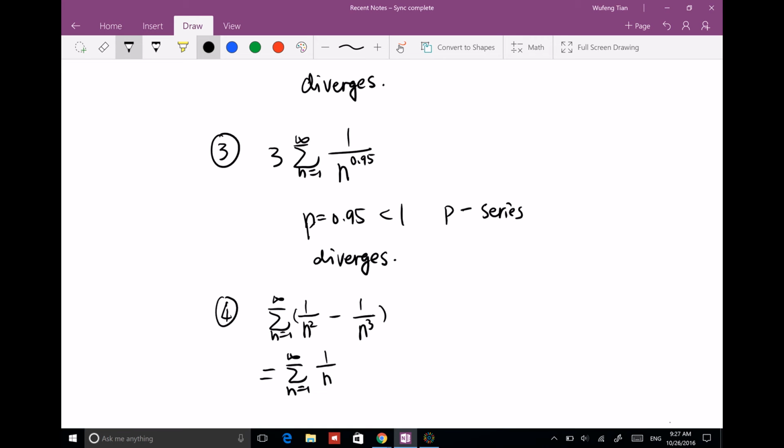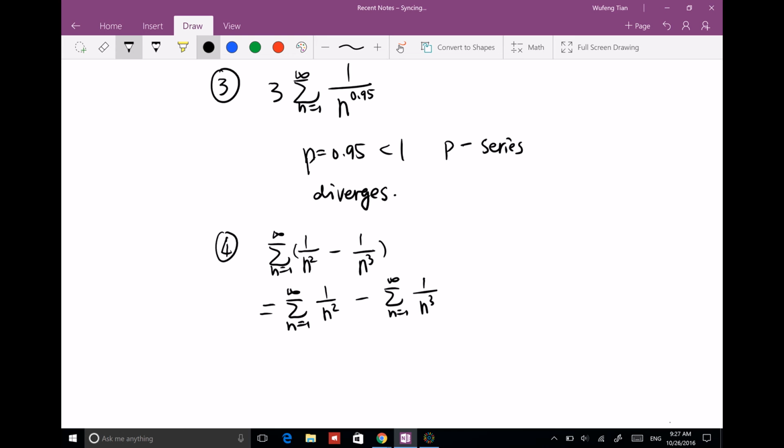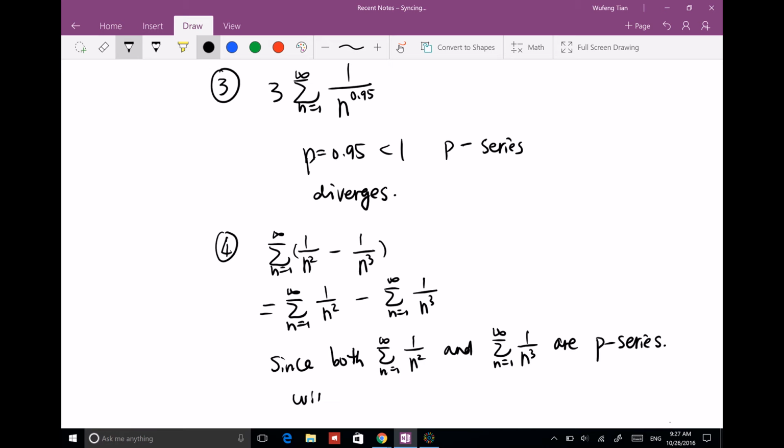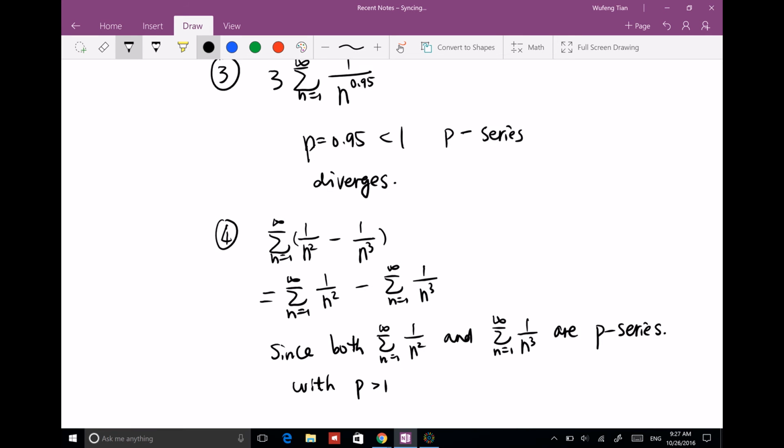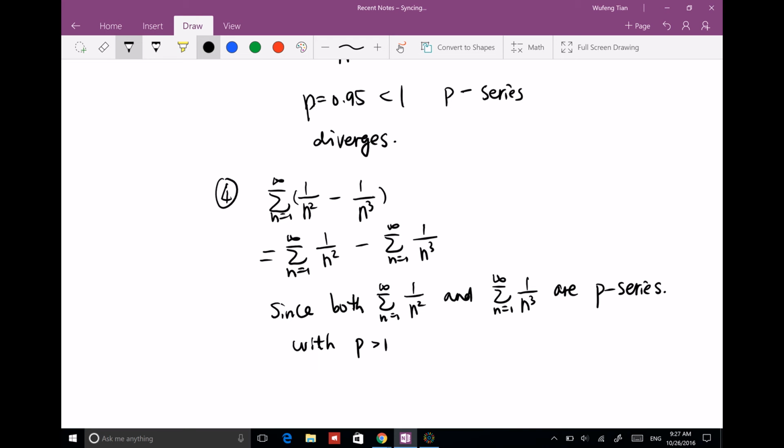Perfect. So we can separate these 2 as the sum from n equals 1 to infinity of 1/n squared minus the sum from n equals 1 to infinity of 1/n cubed. Okay. So since both the sum of 1 over n squared and the sum of 1 over n cubed are P series with P bigger than 1, because for this one P is 2, for the other one P is 3, so P is bigger than 1, so both converge.